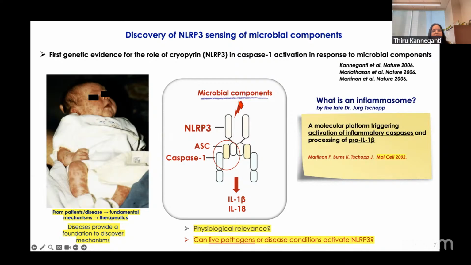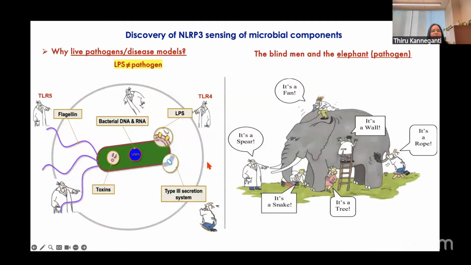So we asked a very simple question: is there any physiological relevance to these microbial components or the triggers that we are seeing? And can live pathogens activate the NLRP3 inflammasome? Why live pathogens? Because we know that LPS is not equal to a pathogen.